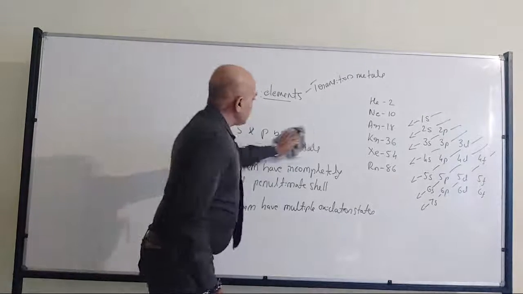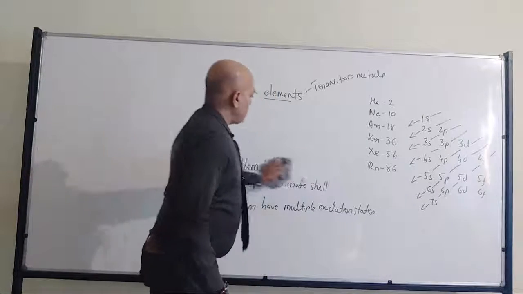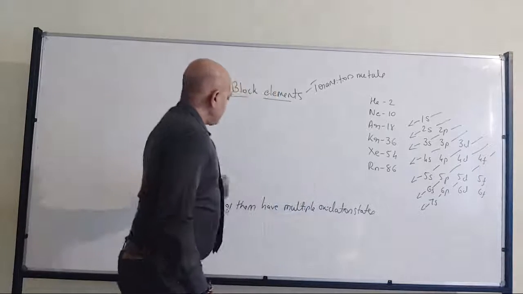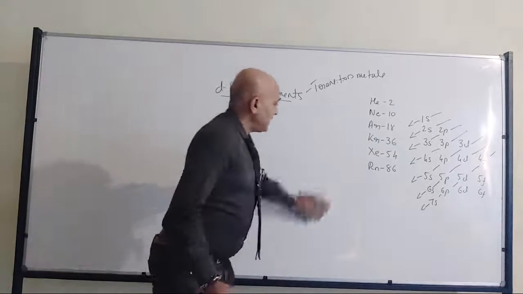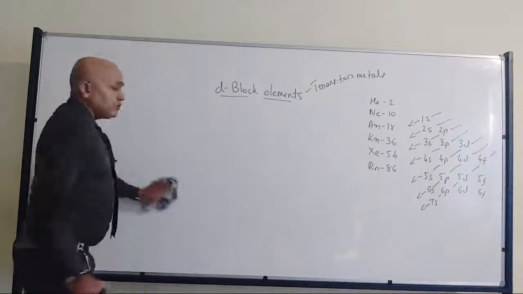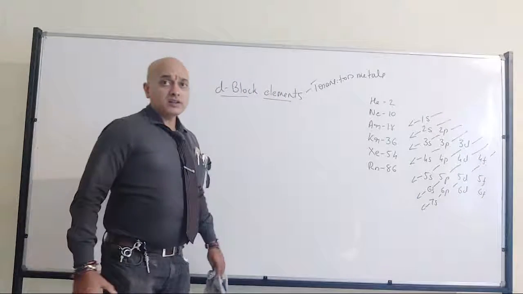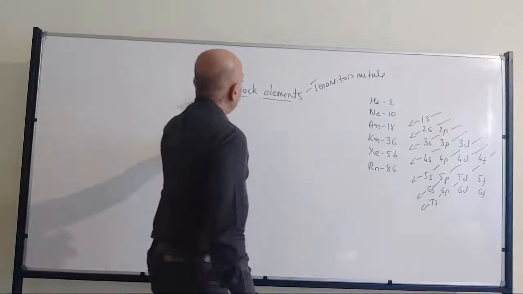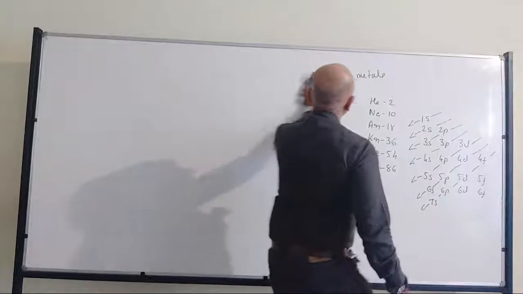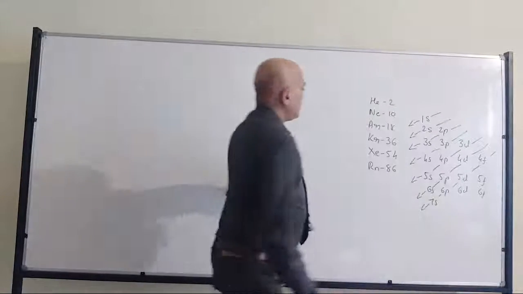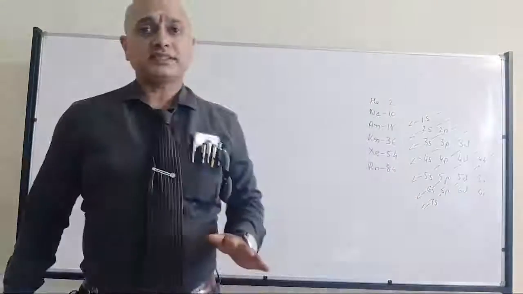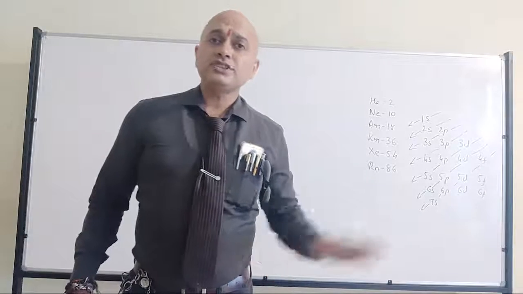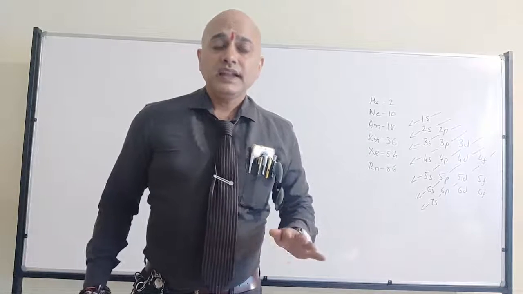Due to that, they will not show most of the properties shown by the rest of the d block elements. That's where I took one example, where zinc can show only the +2 oxidation state. But the rest of the elements of the d block can have other oxidation states also. That's what we have discussed. All of you have understood? Any doubts?